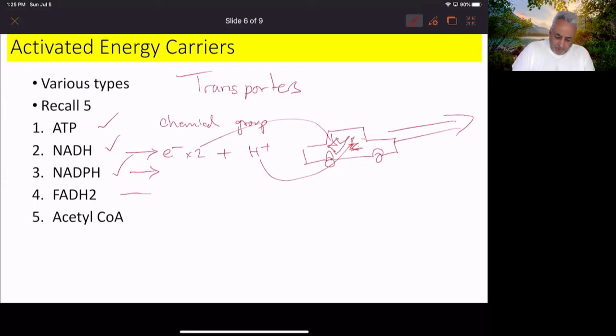Then there's a more distantly related cousin called FADH2, and that is also an electron carrier, and it can carry 2 electrons plus 2 protons. So slightly different, but the analogy to a different type of energy carrier or cab company will work there too. And it does exactly the same thing as its 3 brethren above, ATP, NAD, and NADPH.